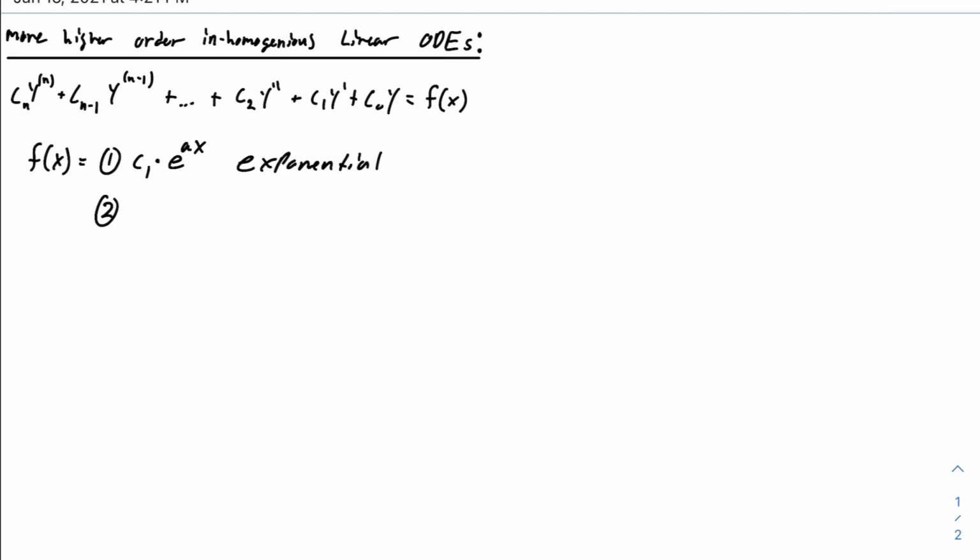And the second kind of forcing term, so this inhomogeneous part is also called a forcing term, can be a polynomial. So let's just say c2 x squared plus 5, I don't know. So some polynomial.